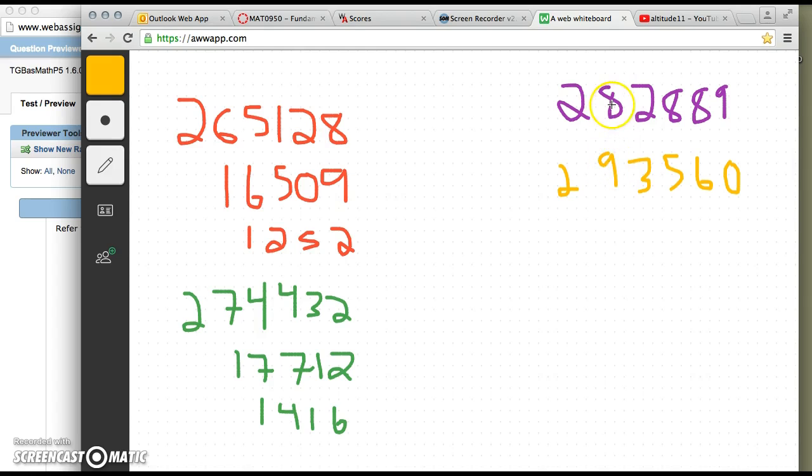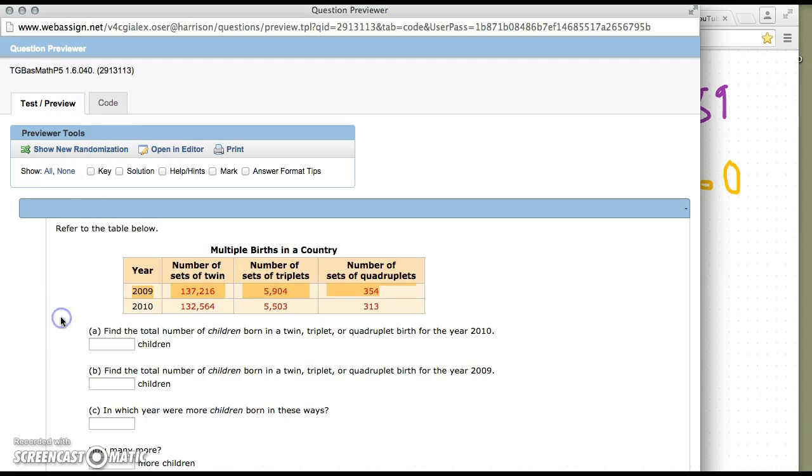Notice that 9 is greater than 8. So 2009 is the year in which there were more children born as twins, triplets, or quadruplets.